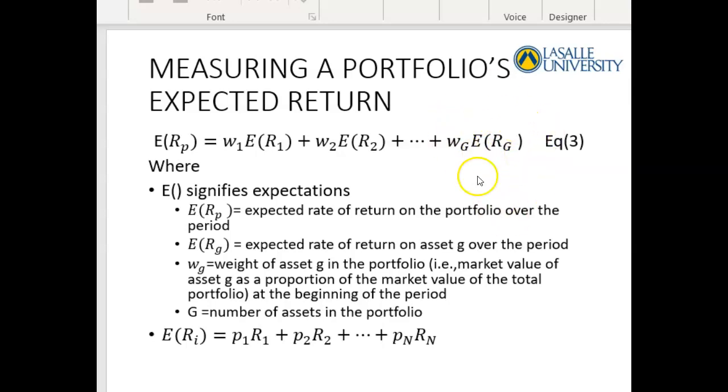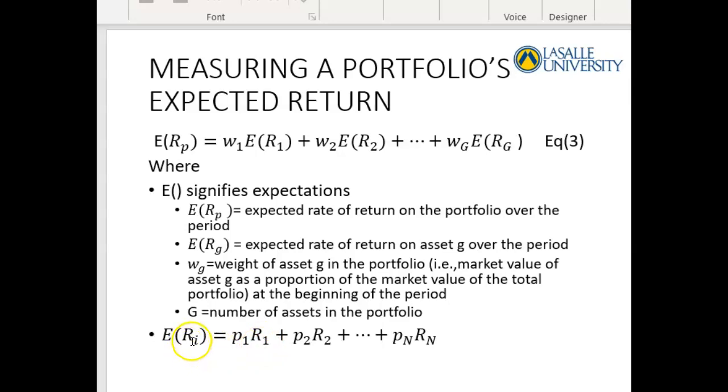To look at that carefully, we're going to use another equation, the expected value formula, but this time for the return on asset I. And that's just a simple sum product of the probability for each individual return value.